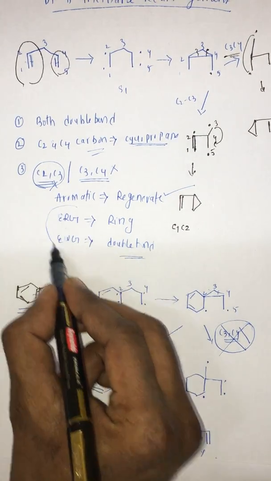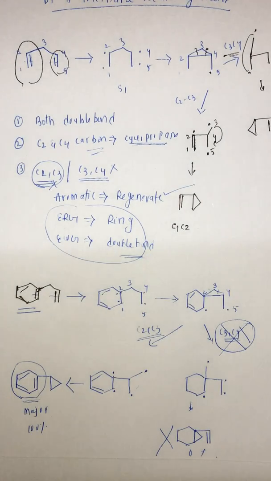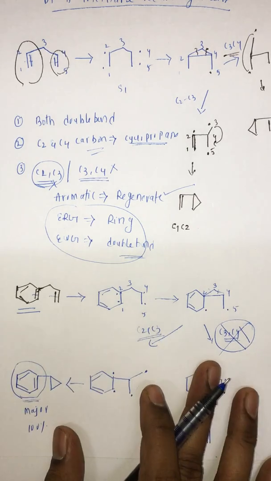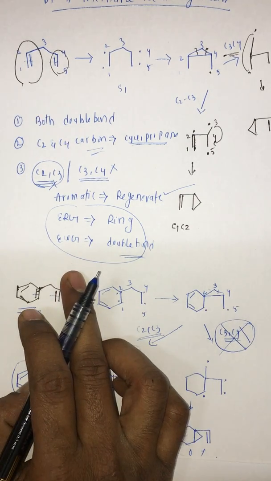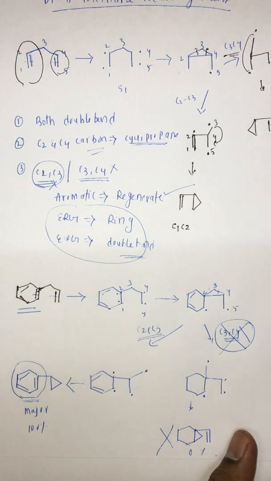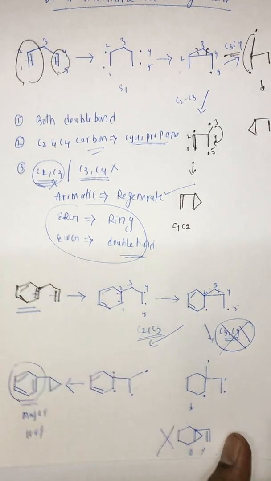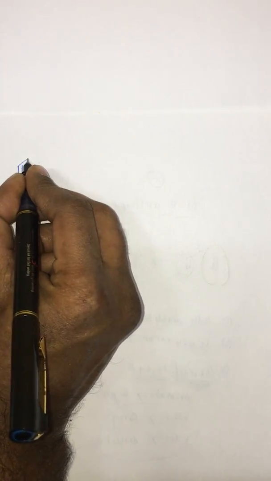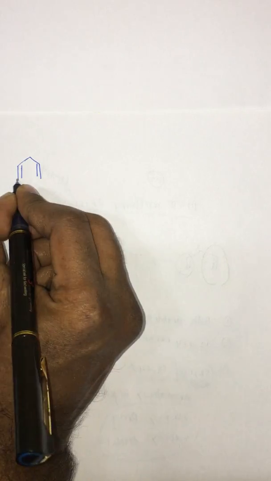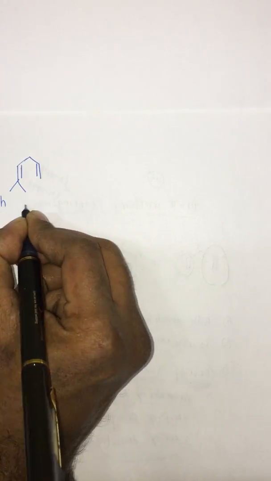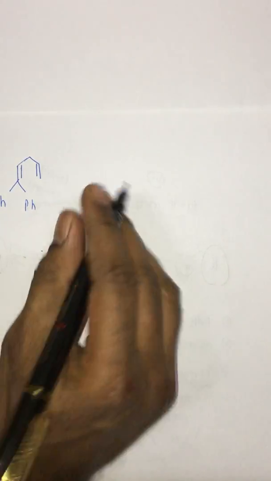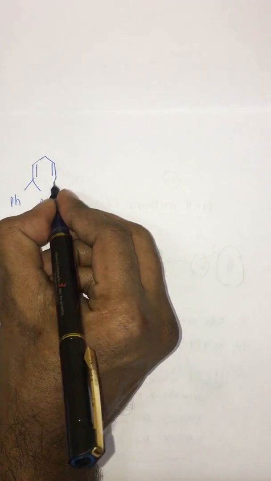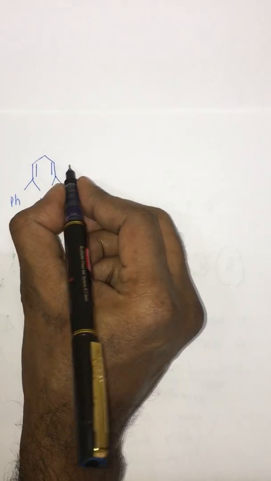Now we'll go for this condition where we have an electron releasing group that should be part of the ring system, and an electron withdrawing group that should be part of a double bond. We have Ph here, and here we have two methyl groups.